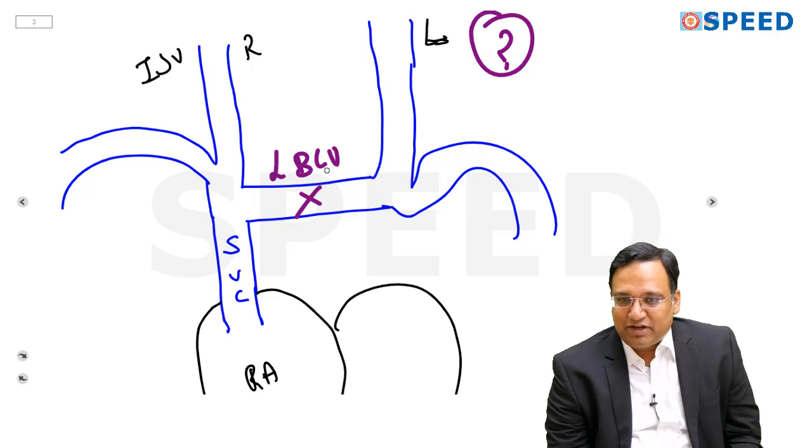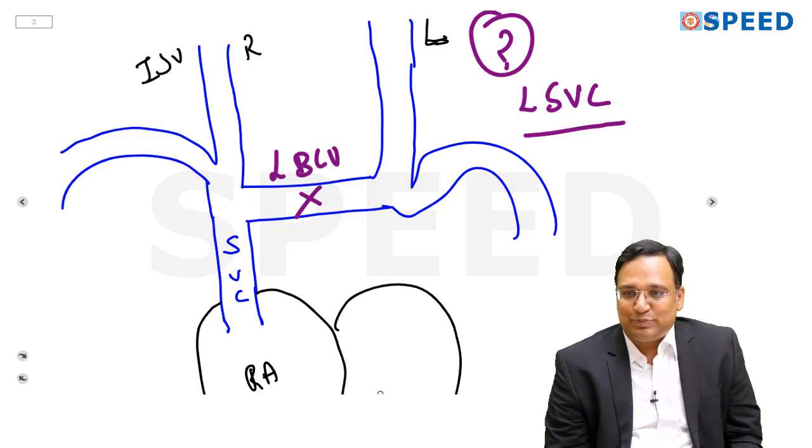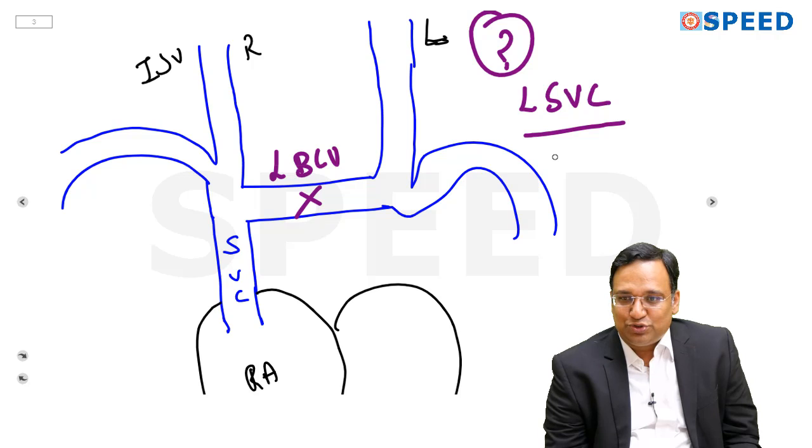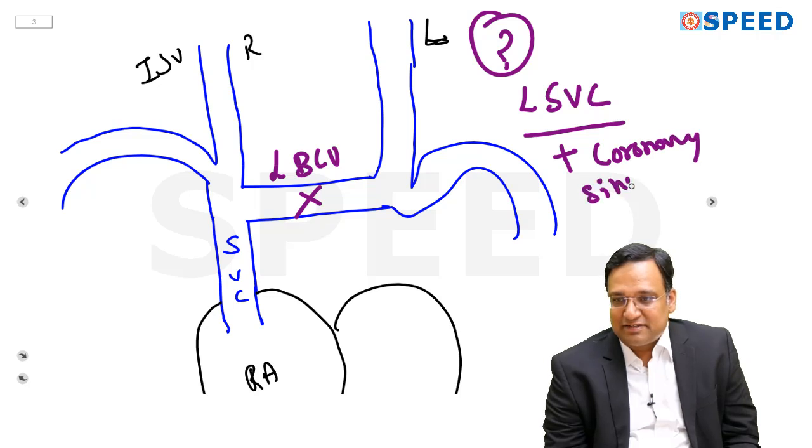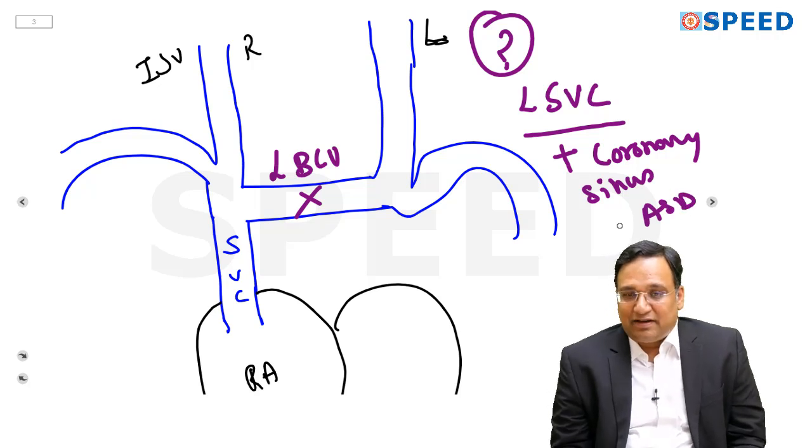You should think of LSVC, a left sided superior vena cava. And if there is an LSVC, you should also think of coronary sinus type of ASD.